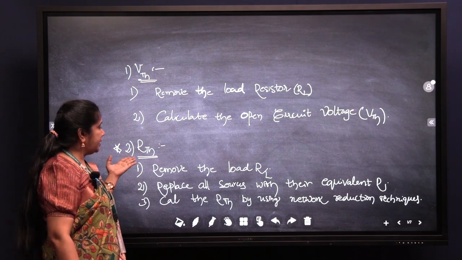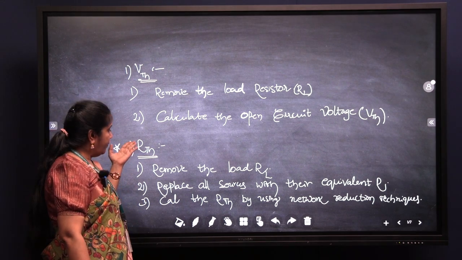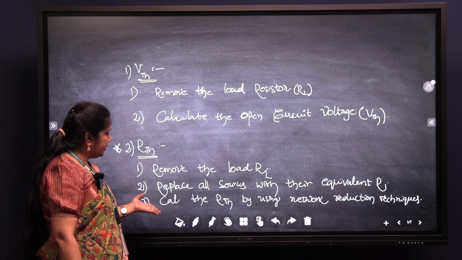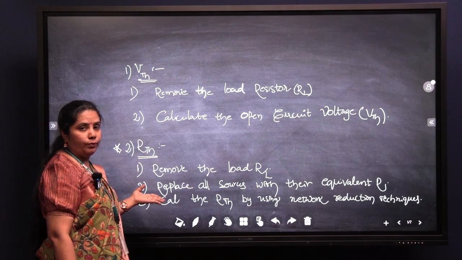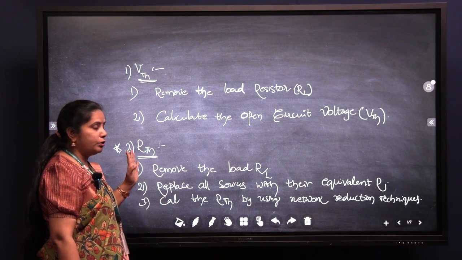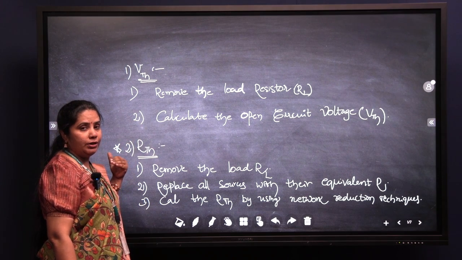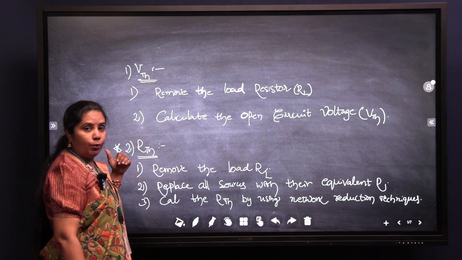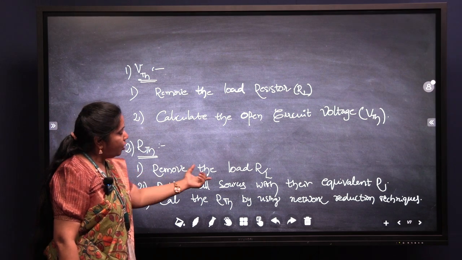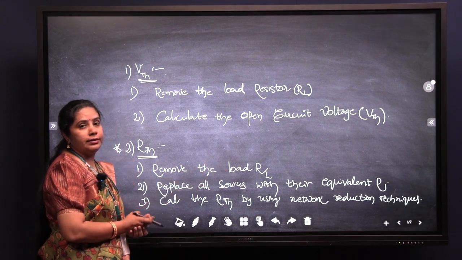RTH is Thevenin's resistance. To calculate Thevenin's resistance, these are the steps you have to follow. The first step is to remove the load resistance, as you did in the Thevenin's voltage calculation. Then replace all the sources with their equivalent resistances.